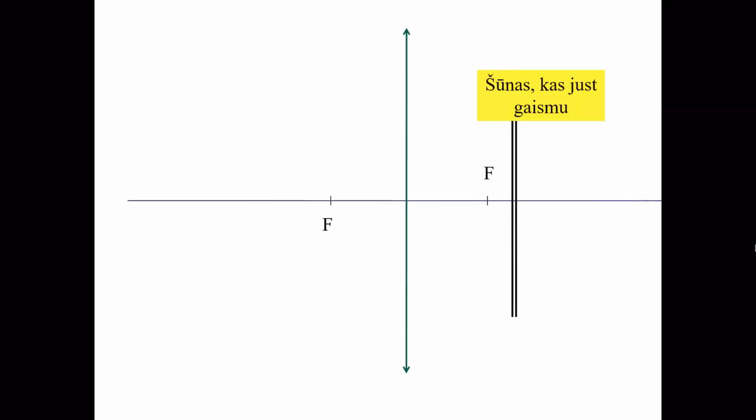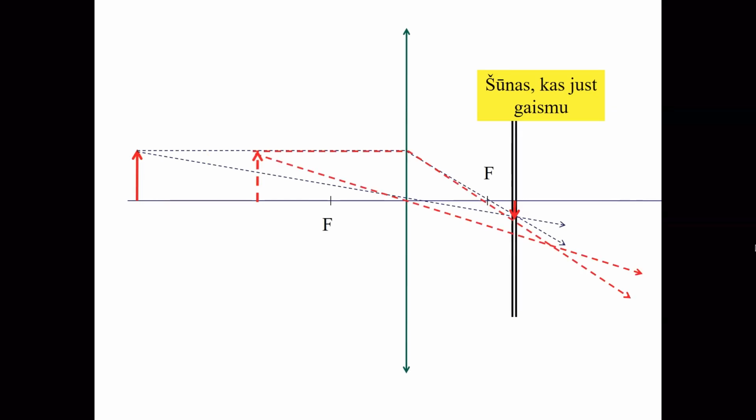So let's try to understand with the scheme. So this is the lens, the focus, the plane where the cells are located. This is the object, and this is the projection of the object on the cell plane. Everything is fine. Now we are going to move the object in the direction of the eye. So the image is here.